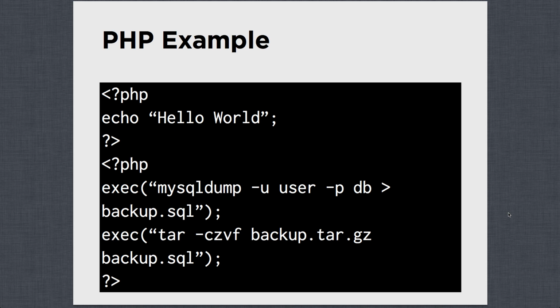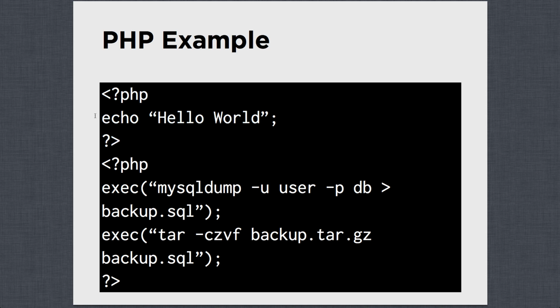So one thing to notice about PHP is that all PHP scripts, aside from ending in .php, also start and end with these special lines. So we have an open caret question mark PHP and then a question mark closed caret. And anything inside that will be executed as PHP. So again, you can see our standard example we've been using here, the echo hello world.